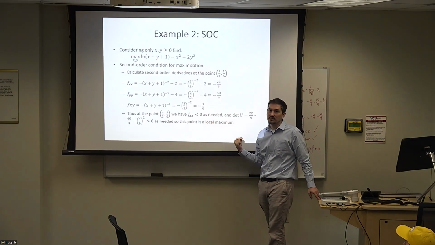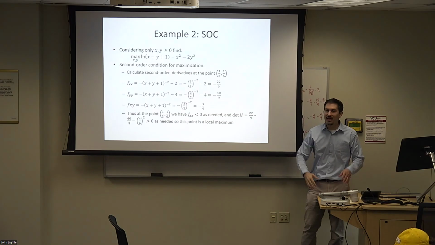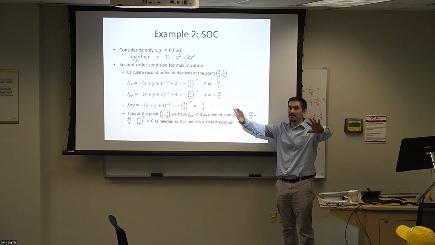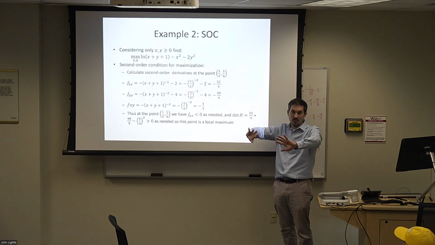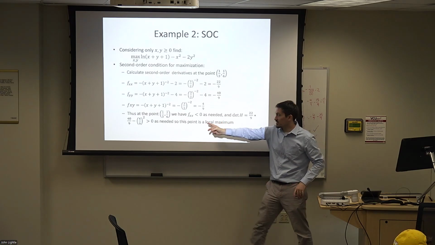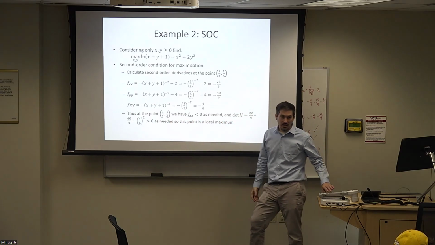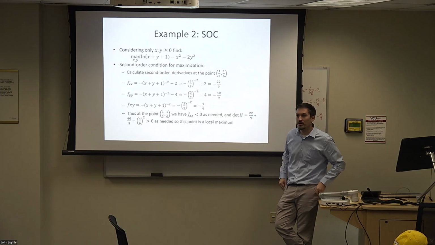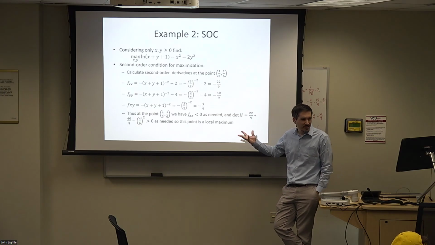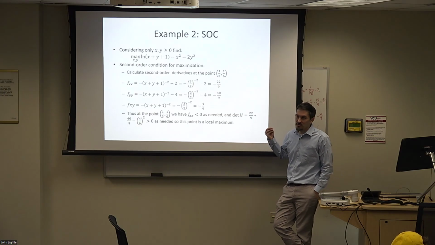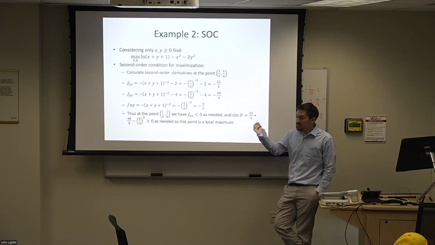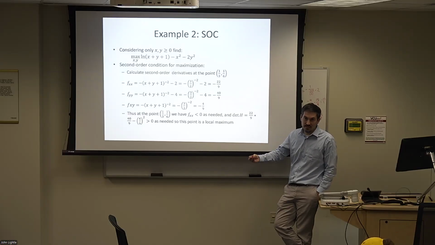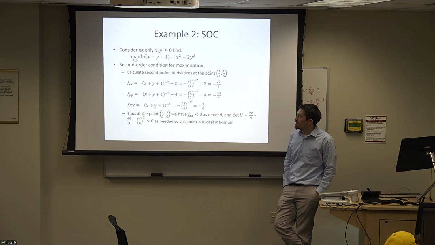To convince yourself that this was a global max, you would have to look at how the function behaves as you go farther and farther from this point, 1/3, 1/6. Of course you could convince yourself of it, but it would take some doing. I'm not really teaching you that technique here.